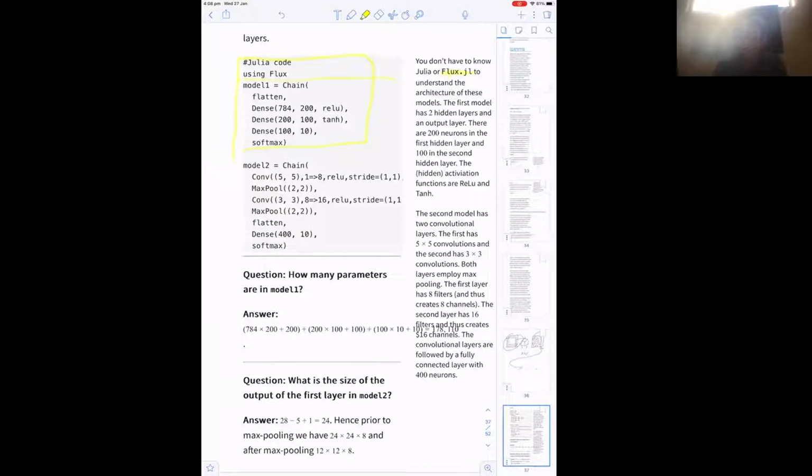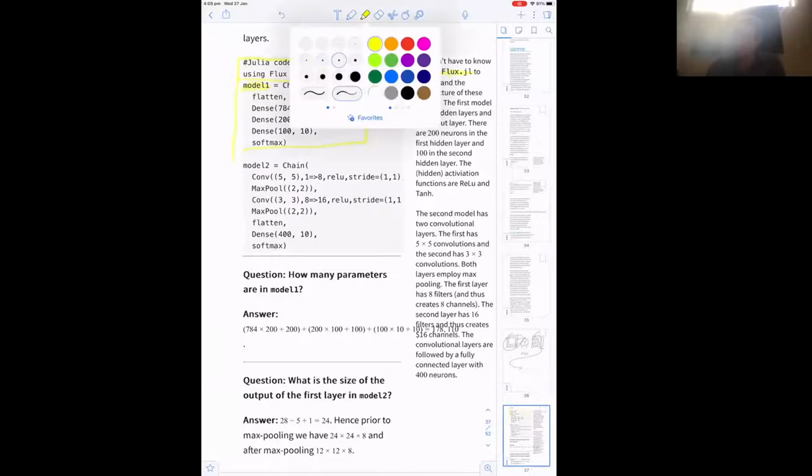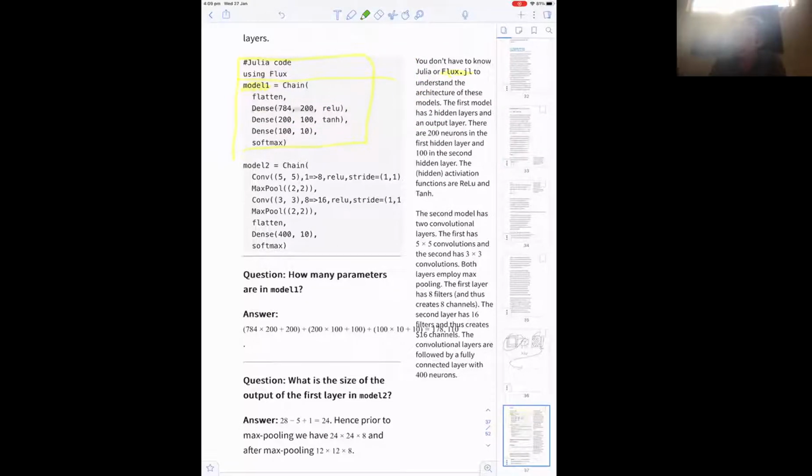What we're doing is specifying a neural network. How many layers are in this neural network, model 1, which is not convolutional? Right, there are 3. There's a first dense layer, a hidden layer, a second dense layer, and a third layer on which the softmax operates, which is also the output layer.